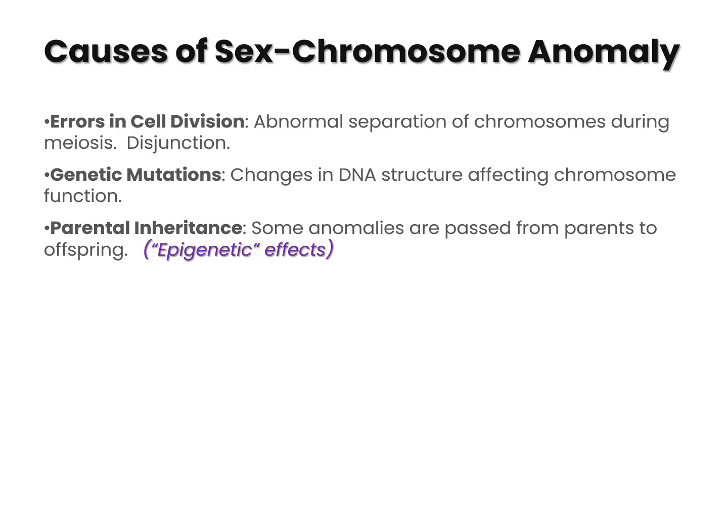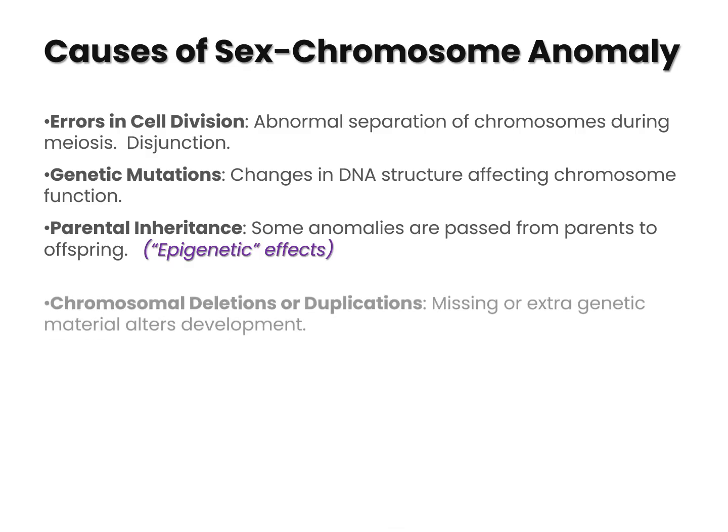So we know for a fact that parents, not just mothers, but parents that undergo extraordinary amounts of stress during their reproductive years, we will see effects in those children. And they are not due to the base sequence, they are due to how the DNA is modified in other ways that have nothing to do with the base sequence. So that's called epigenetic.